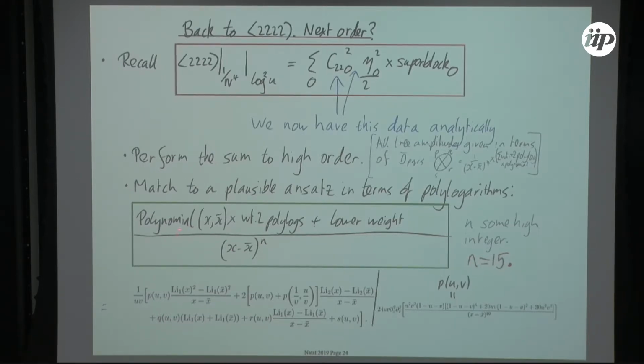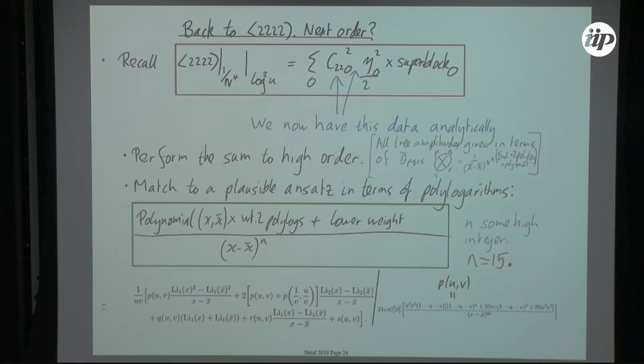Polynomial times weight 2 polylogs plus similar things with lower weight polylogs divided by x minus x bar to some power. Okay, and then you can find the values of all of these things. Okay, well there's the full answer, and there's the polynomial.